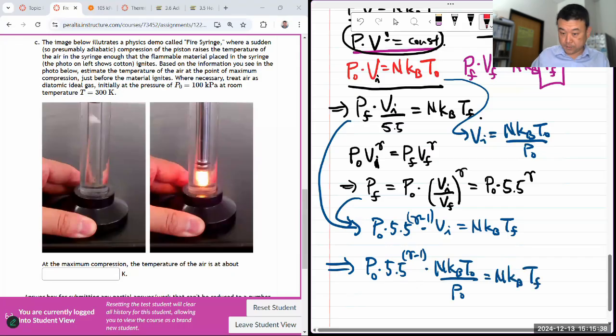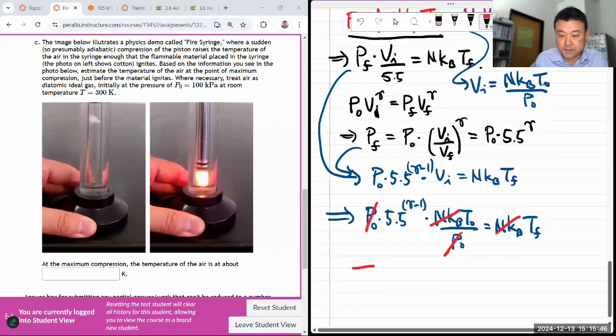Let's cancel out a whole bunch of stuff, N, kB, and P naught. And that's it. T final is simply T initial times 5.5, the compression factor, raised to gamma minus 1.